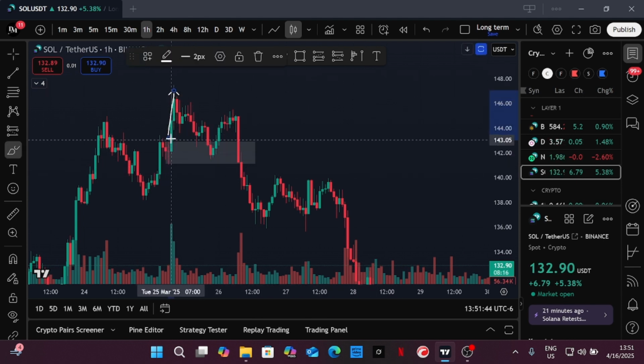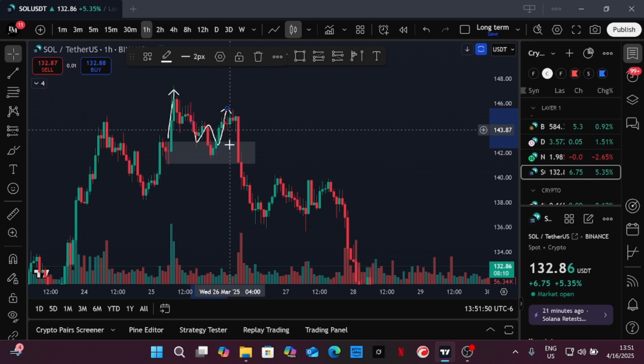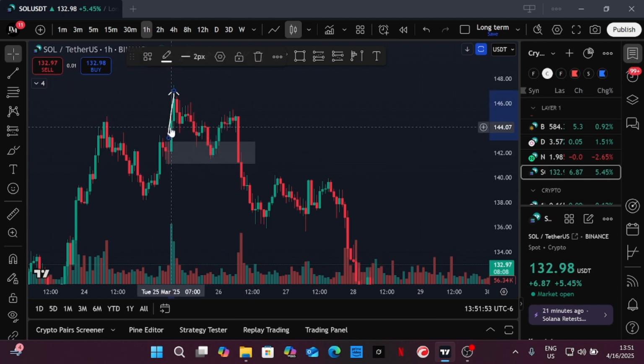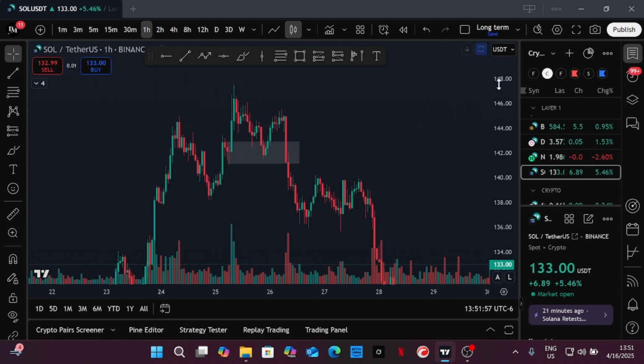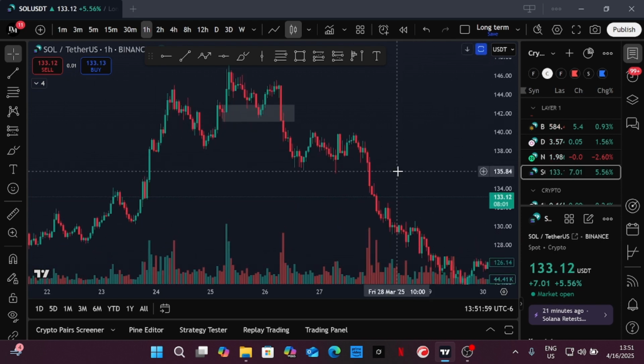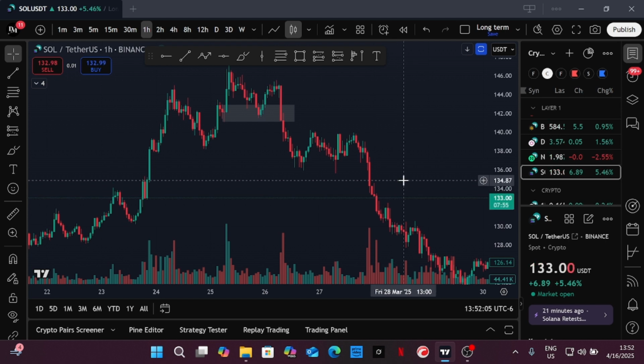Explosive move up from this down candle. Price comes back in, and we see the rejection coming out from this box, showing that people are interested in buying inside of this box. All right, yeah, that's kind of how we identify order blocks. And next, we will go over how to trade order blocks.